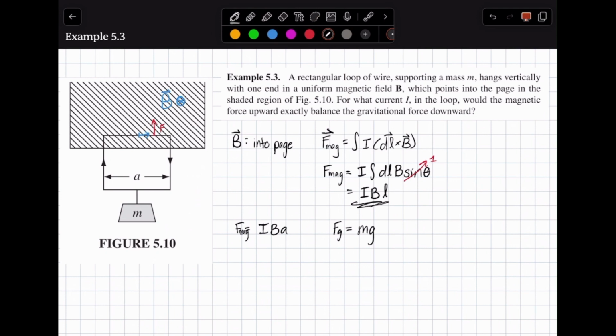We want to balance out these forces. So this is our upwards force, and this is our downwards force. Now let's set them equal and solve for current. You'll find that the current has to equal mg over B times A.